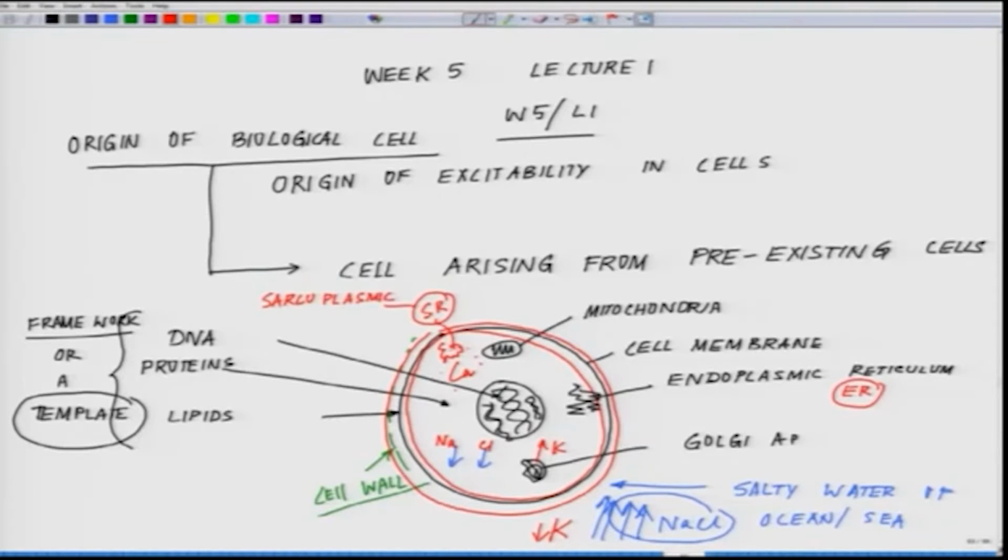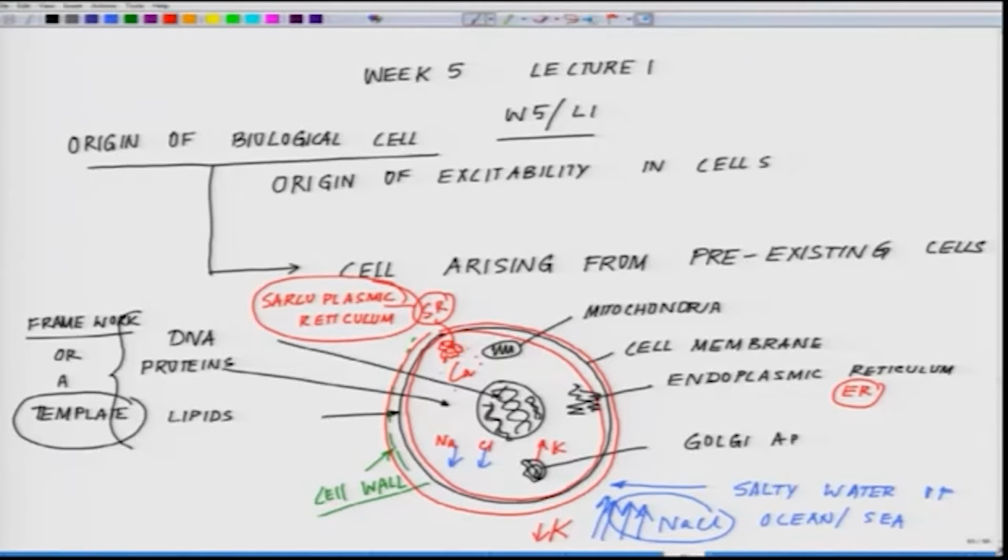The calcium mostly remains in a stored, chelated form in the sarcoplasmic reticulum.